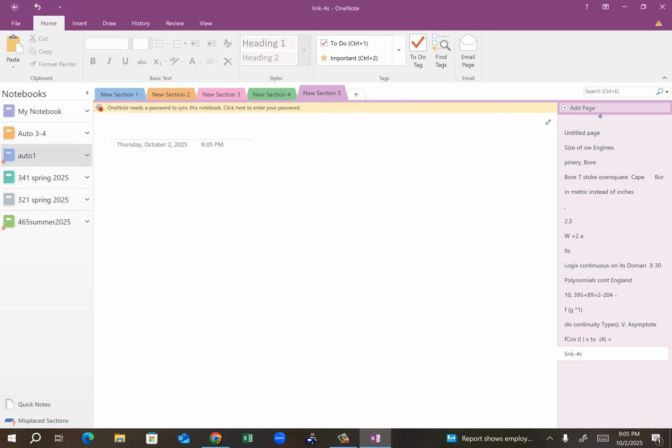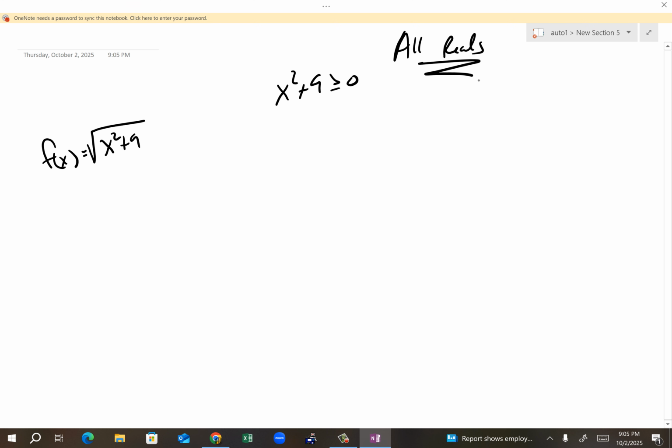Cool. So another part of this lesson is going to be something like this. If you have x squared plus 9, what's the domain of this function? Well, x squared plus 9 needs to be bigger than or equal to 0. Well, it's always bigger than or equal to 0, so it's all reals. Okay, now think about that. That means I'm always going to get a positive number, yes?